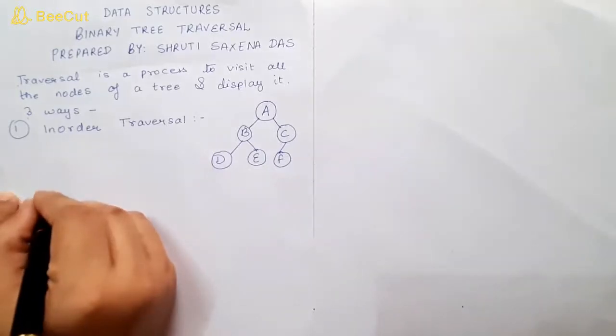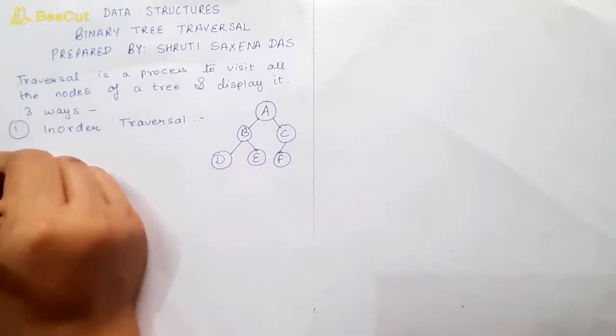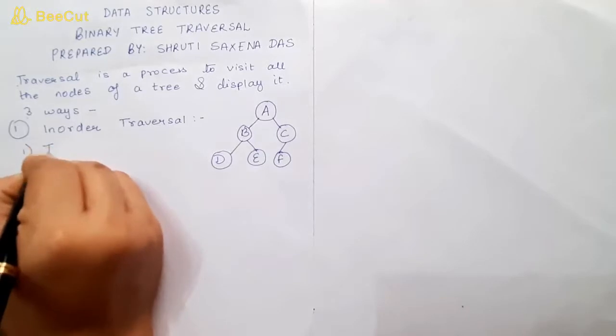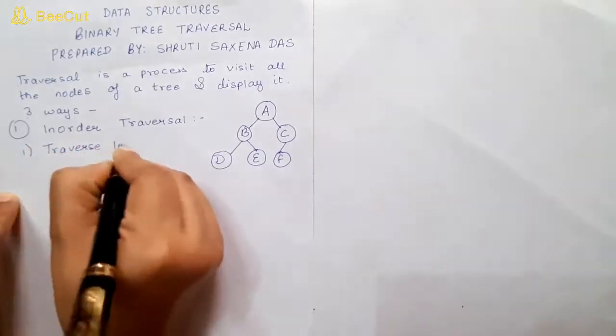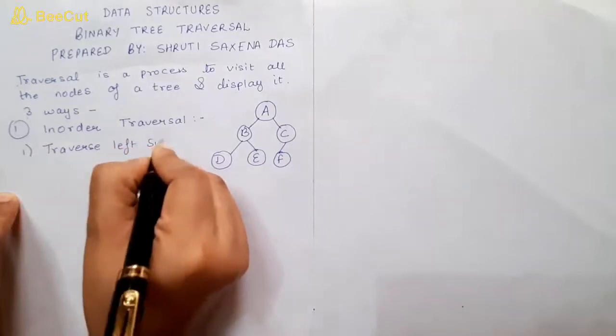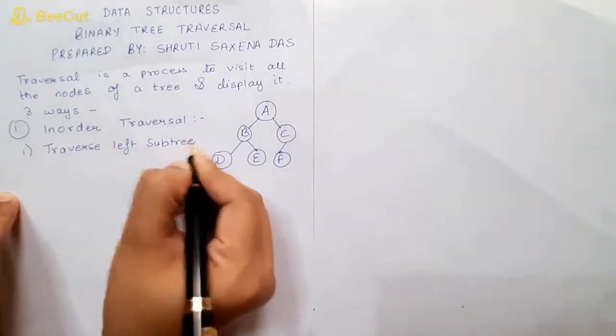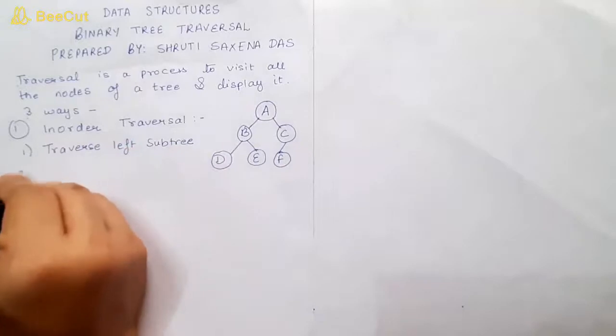In order traversal, the order of visiting nodes is that first of all we traverse the left subtree.